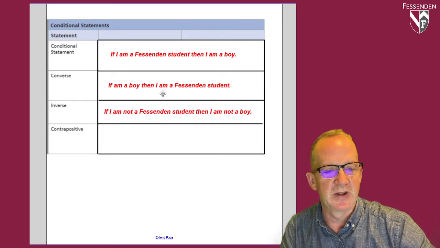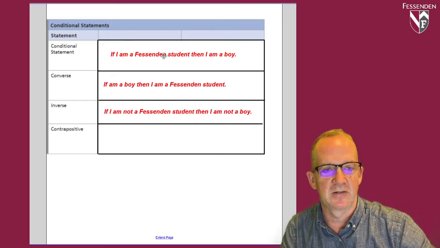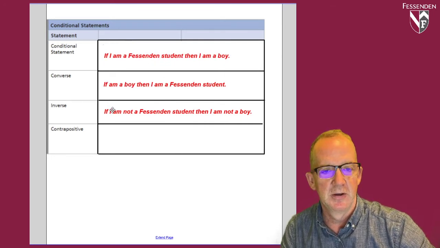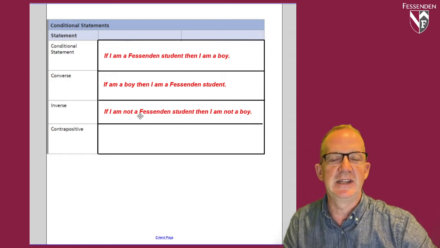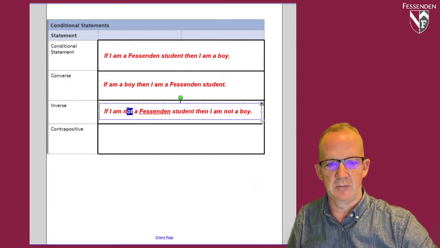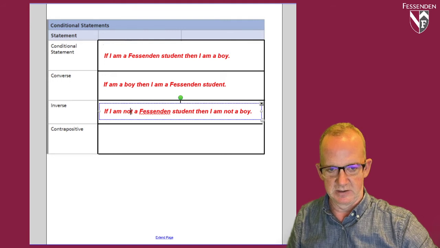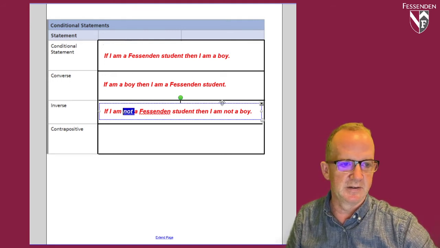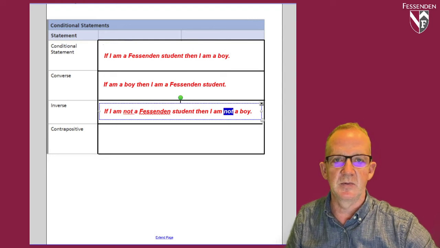We can debate whether that's true or not. I think you'll probably say that that is false. It's definitely false. But inverse means negating that NOT part, right? Maybe we can underline that so it's clear.